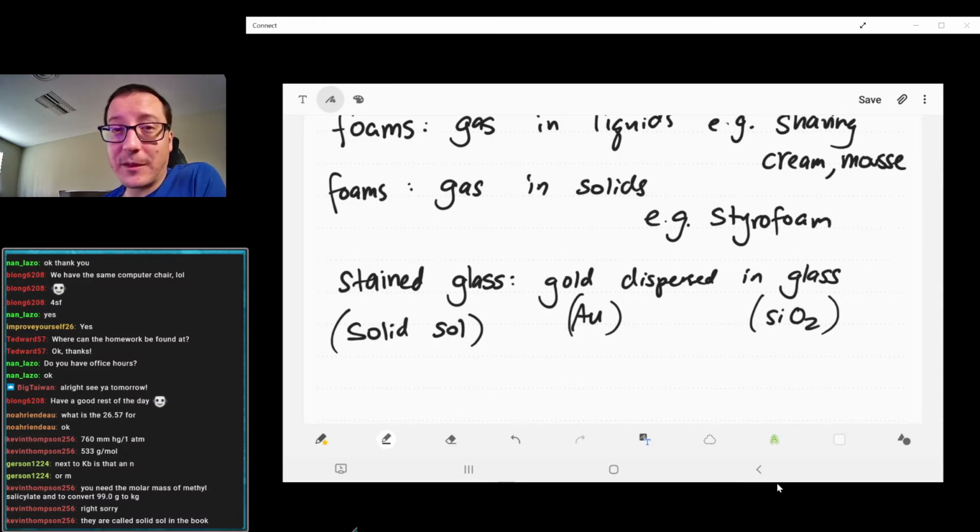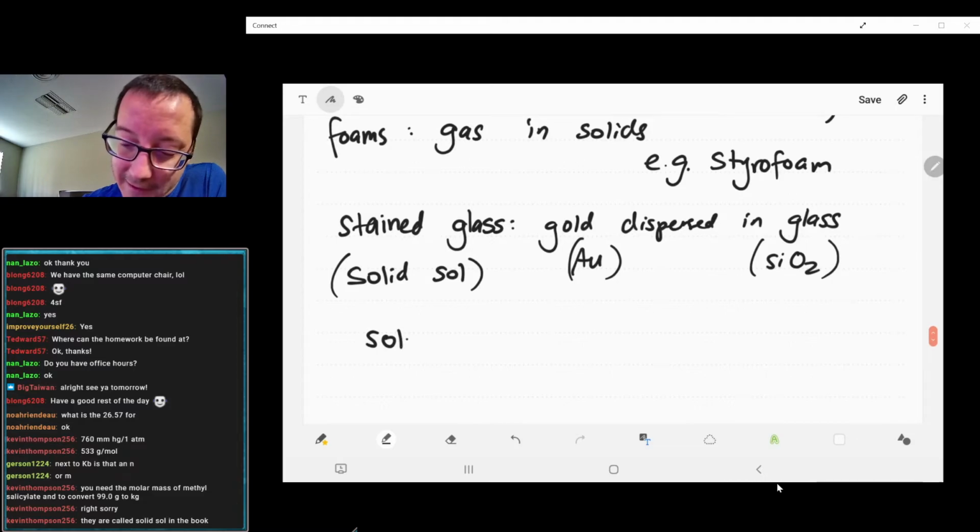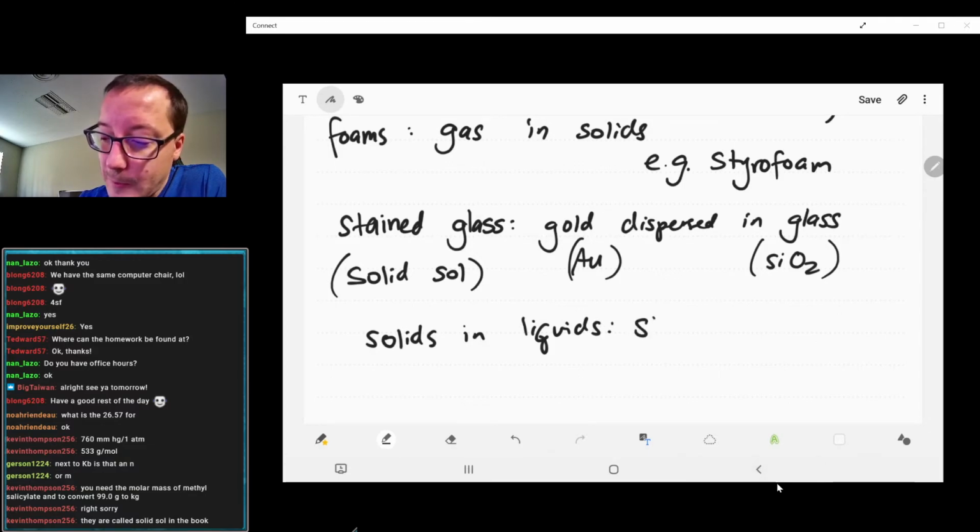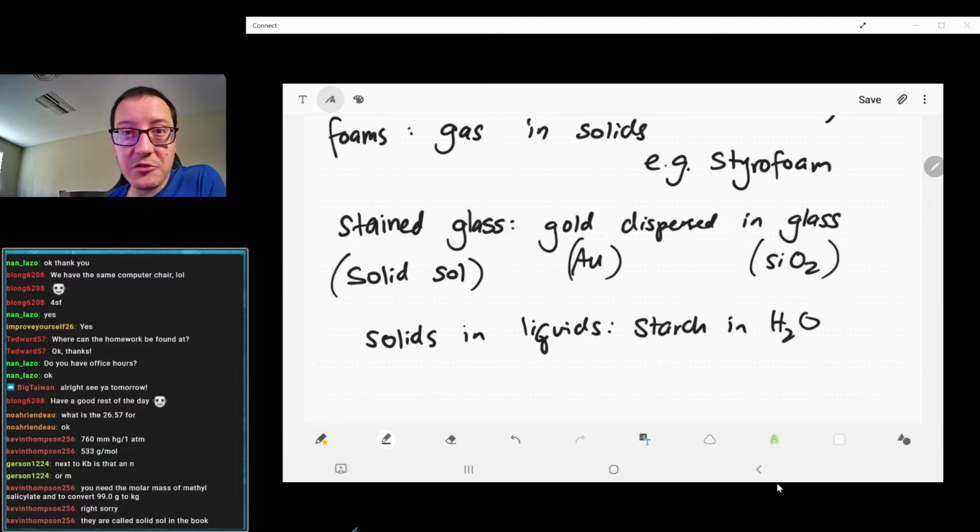Again, this is not something you're going to need to memorize, but these are just examples of various colloids that we might have. Of course, you can have solids in liquids. You can have all sorts of different combinations here.